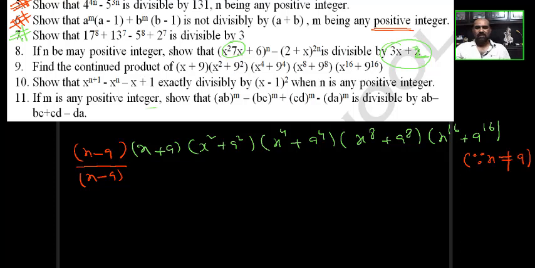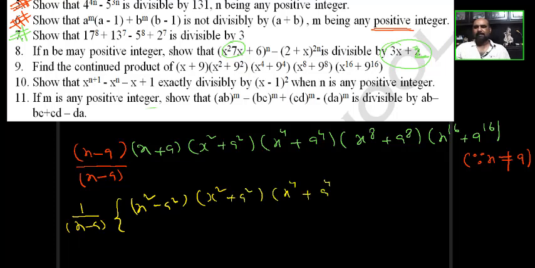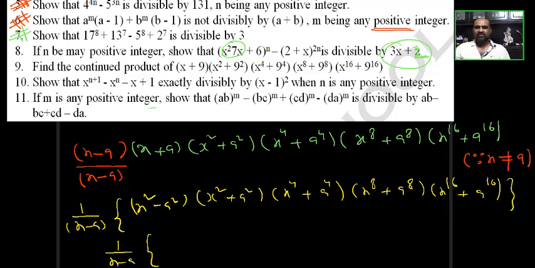Now observe students, 1 by x minus 9 into first two brackets, x minus 9 into x plus 9 gives x square minus 9 square only. First two brackets multiplied, remaining things as it is. Next, 1 by x minus 9 into, observe these two brackets, again they are in the form of a minus b into a plus b. x square square means x power 4, 9 square whole square means 9 power 4.